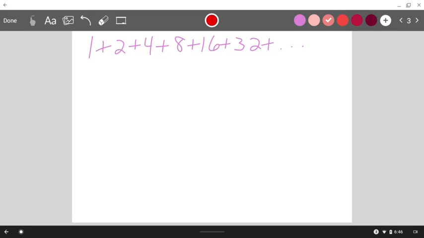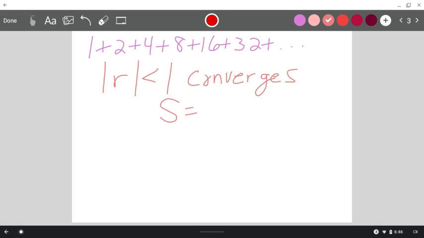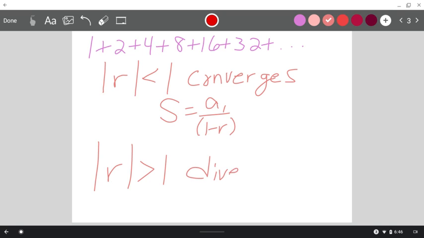So the rule is, if the absolute value of r is less than 1, we say that the series converges, and we can use our formula to find the sum. But if the absolute value of r is greater than 1, we say that the series diverges and it has no sum.